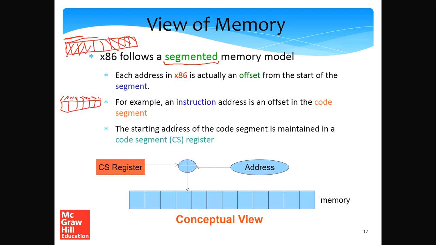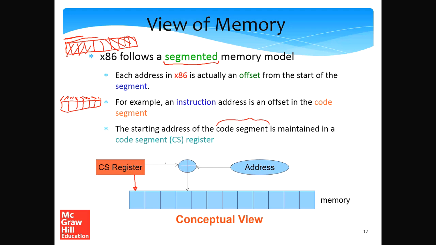So the way that this works is like this. Let's consider the code segment which contains the instructions. The starting address of the code segment is contained in the code segment register. So let's say the code segment register points over here in memory. When we have an address, every address is specified as an offset from its corresponding segment register.